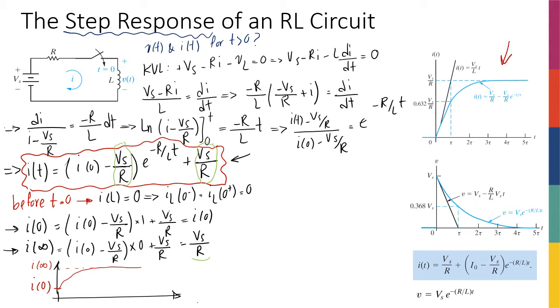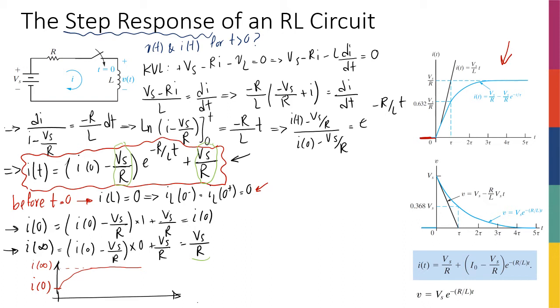In this case, for this circuit, the initial current was 0, as we saw here. So we start from 0. But as we move forward, we have two terms: Vs over R, and the other term with the exponential function. The Vs over R is the positive side of things, and the exponential function is the negative side.